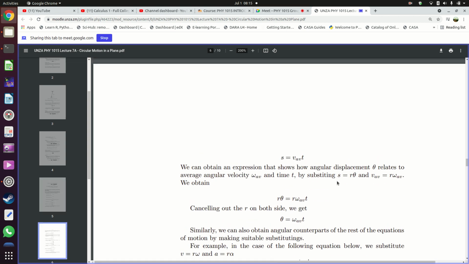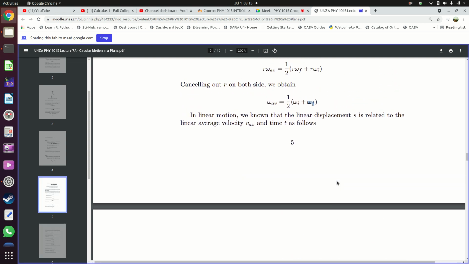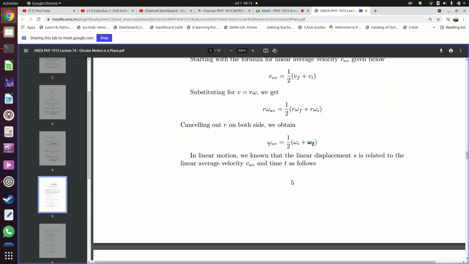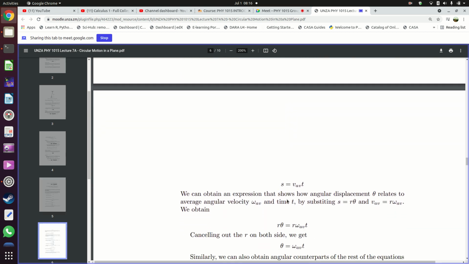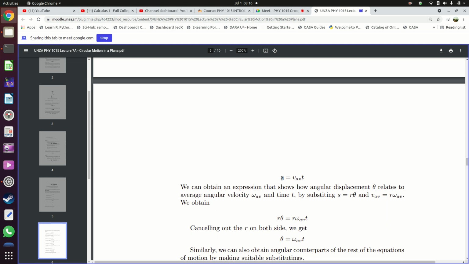The other thing we can do, now that we have this, is use another relationship. How much is the displacement? The displacement s is equal to the average velocity multiplied by t.